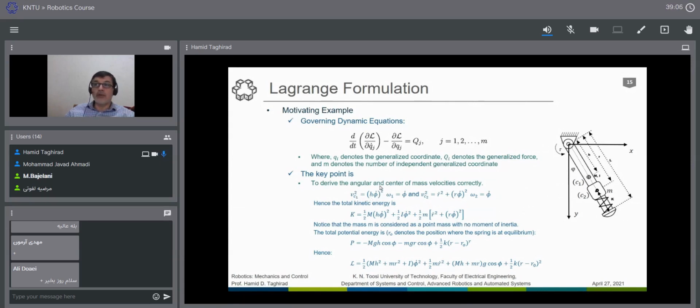So it is very simple. The first center of mass is found. What about the angular velocity of this rigid body? The whole rigid body has the phi motion, so the angular velocity is phi dot. So this is the linear velocity squared, and this is the angular velocity.